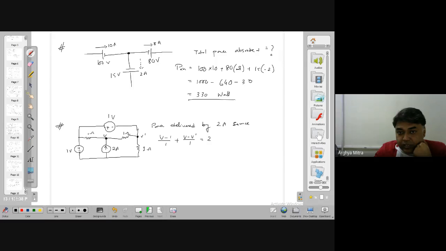So the potential at this point, no current will be flowing through this 1 ohm. No current is flowing through means with respect to the reference, this voltage is 0. There will be no current flowing through this. So that means V dash is equal to 0. This is the interesting thing that you can find out. Okay. V dash is equal to 0. So with V dash is equal to 0, you have V plus V is equal to 2.